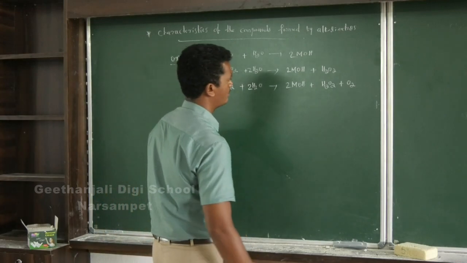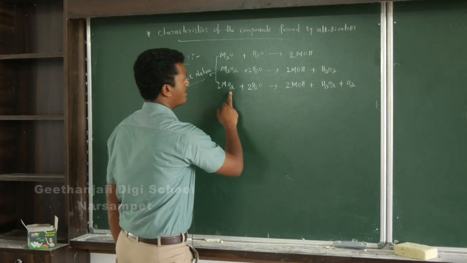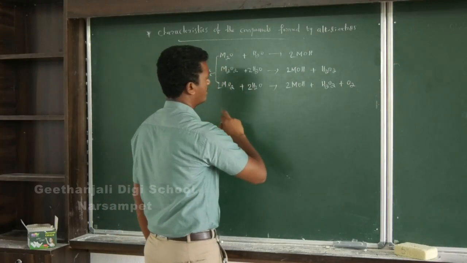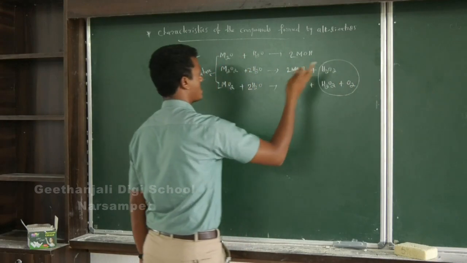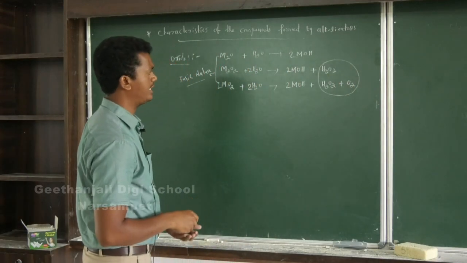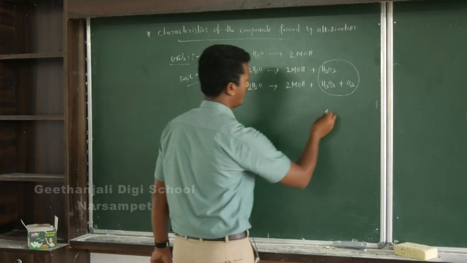This is the balanced equation. When peroxides and superoxides react with water, they liberate hydrogen peroxide and oxygen along with the common product, MOH type of hydroxide.